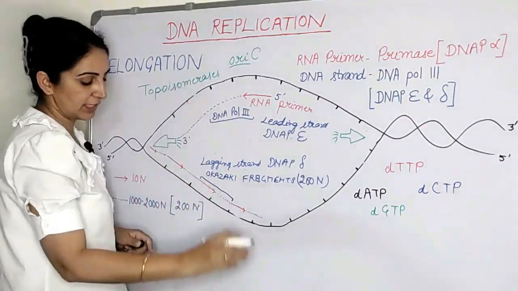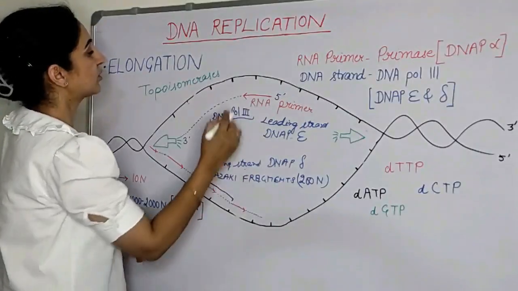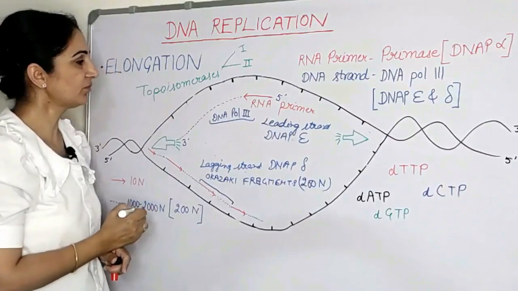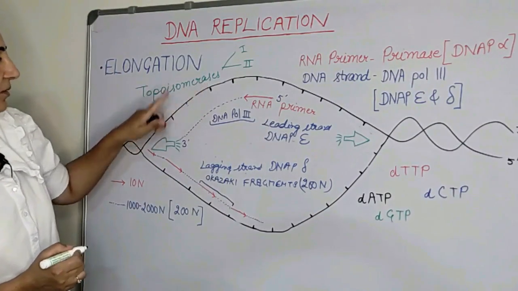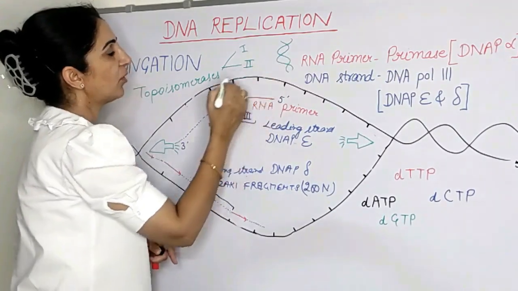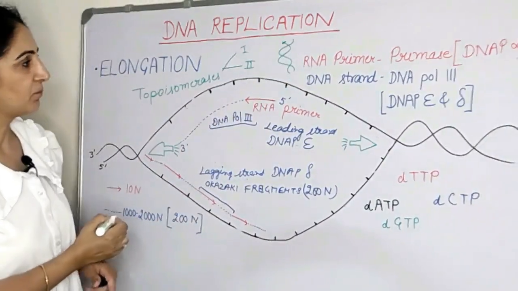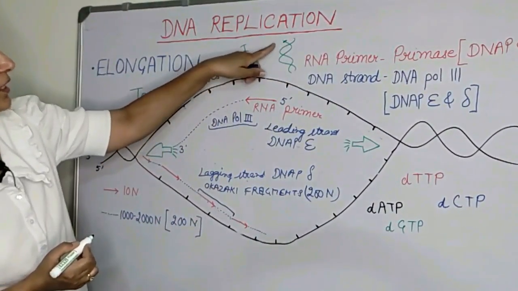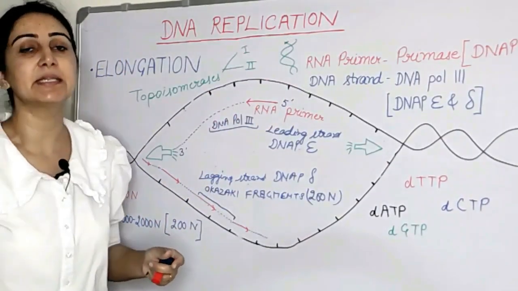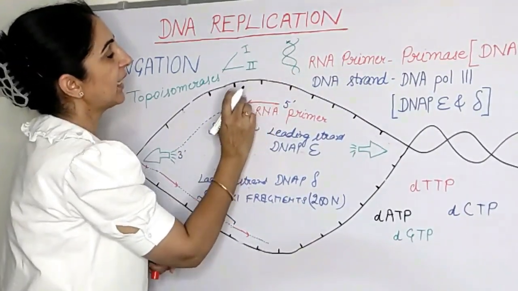These are of two types, topoisomerase 1 and topoisomerase 2. Topoisomerase 1, suppose this is the DNA molecule, can cut one strand of the DNA molecule at the supercoils, so it will cut one strand, then the other strand will move through the nick in the first strand, and then this portion will be ligated.